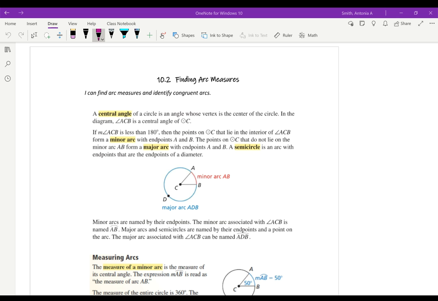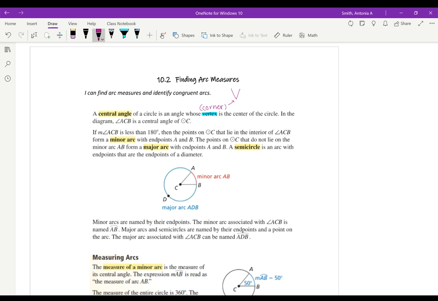Okay, so a central angle of a circle is an angle whose vertex is the center of the circle. If you don't know what a vertex is, it's kind of like the corner of the angle. Okay, so this is my angle.